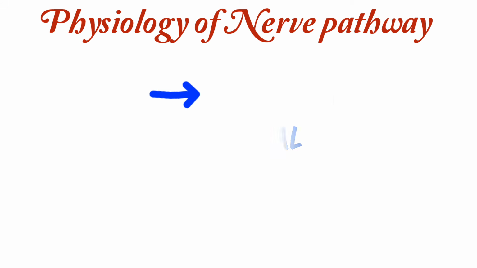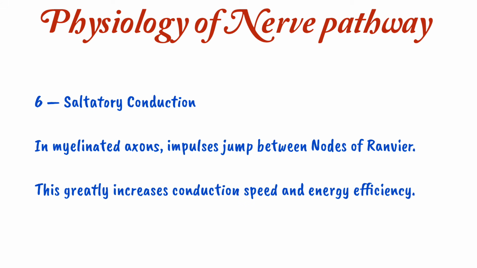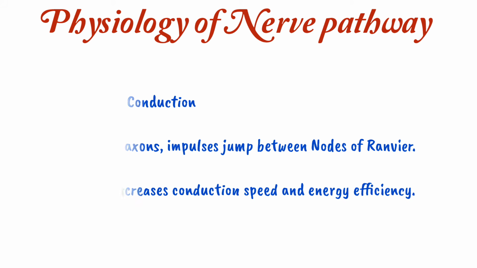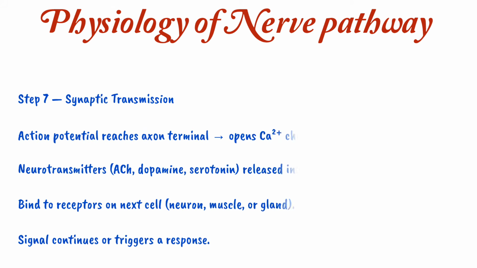Now, step 6 is saltatory conduction. In a myelinated axon, the action potential doesn't travel smoothly along the axon. Instead, it jumps from one node of Ranvier to the next. This is called saltatory conduction, and it makes nerve transmission extremely fast. Step 7, synaptic transmission.